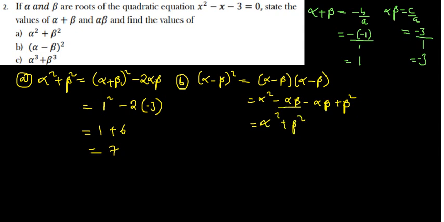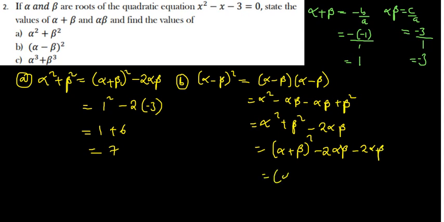If we add negative alpha beta minus alpha beta, that will be negative 2 alpha beta. Now where there is alpha squared plus beta squared, we now substitute what we know: we're supposed to put alpha plus beta squared minus 2 alpha beta. Now remember, we have already another minus 2 alpha beta. And so this gives us alpha plus beta squared minus 4 alpha beta.